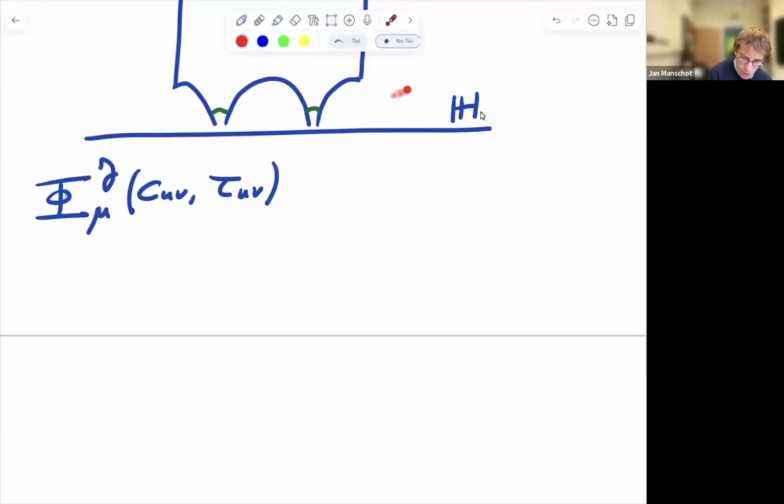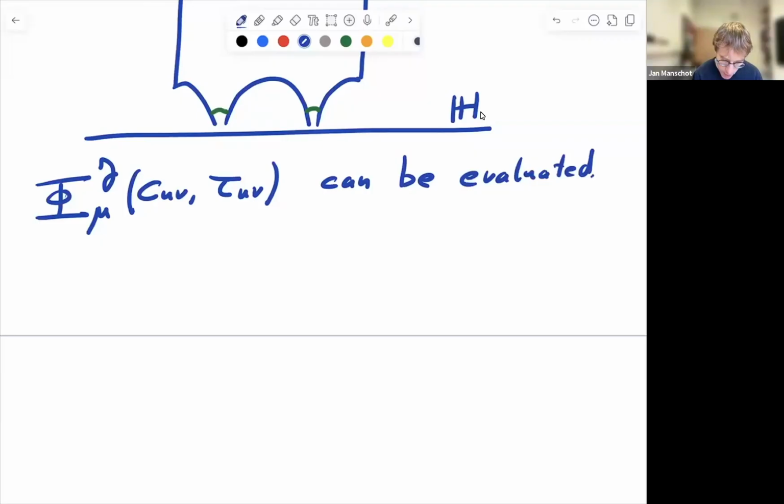We are integrating over tau, just as I was reviewing at the beginning of the lecture. So the final integral depends on these parameters. And this is done in some detail in the paper with Craig Moore that I was citing from 2021.